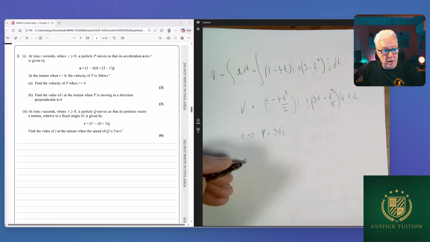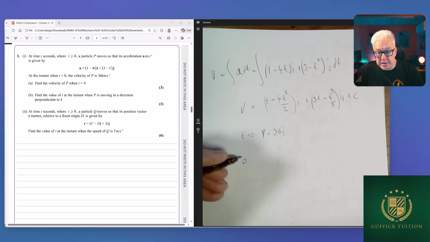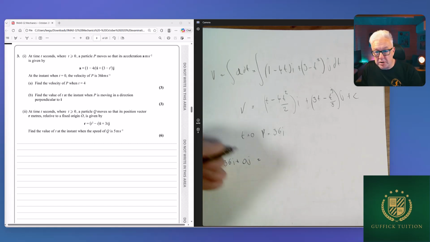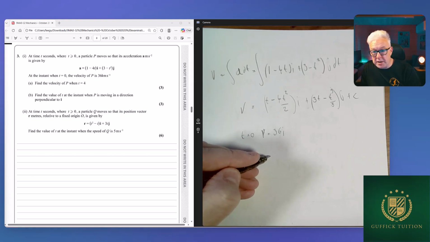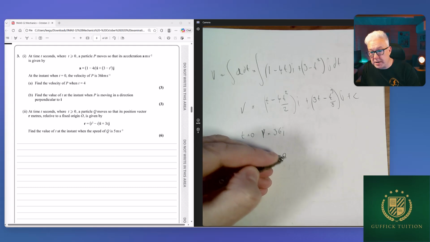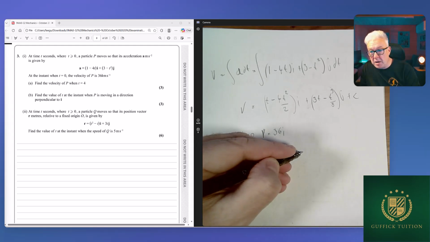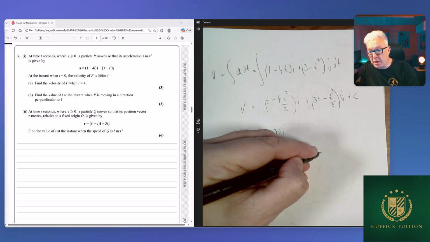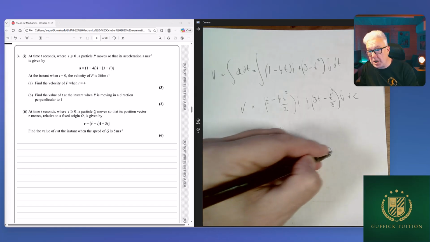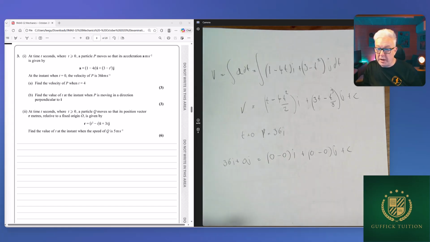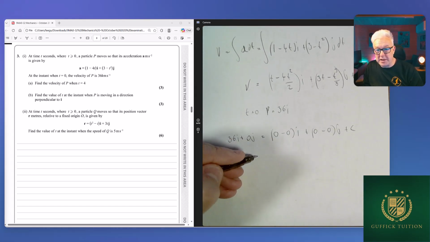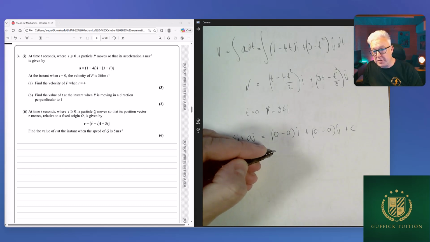So we can sub that in. The velocity when t = 0 is 36i + 0j, which is going to equal (0 - 0)i + (0 - 0)j + c. So that's nice. So basically c is equal to 36i.